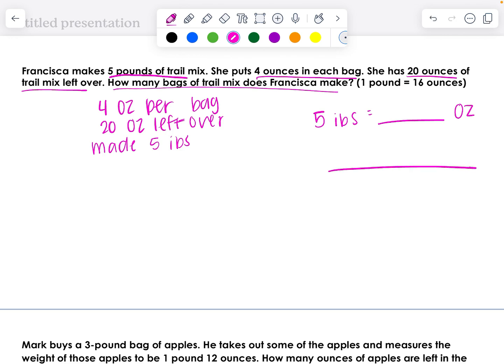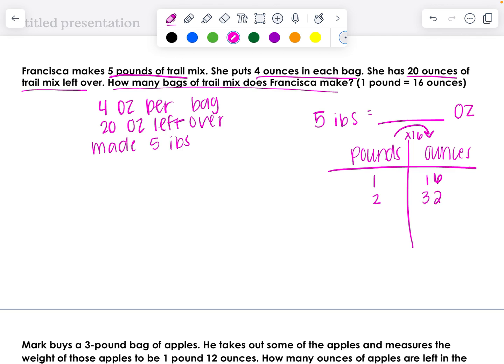I can make a chart that says pounds and ounces. Because I'm going from a larger unit to a smaller unit, I'm going to multiply by 16. So 1 pound is 16 ounces.